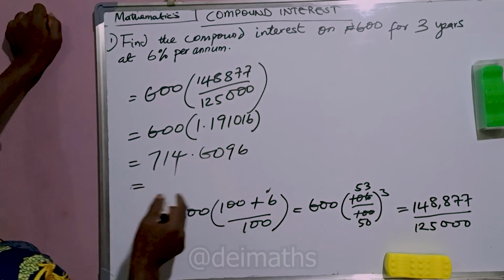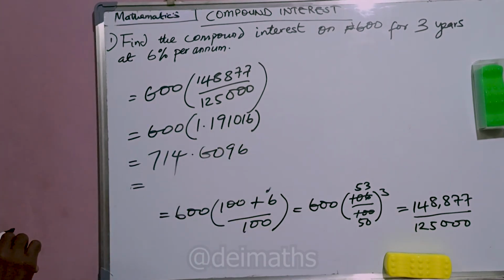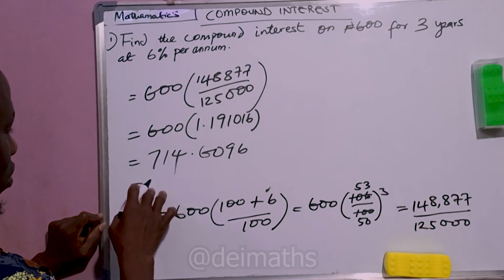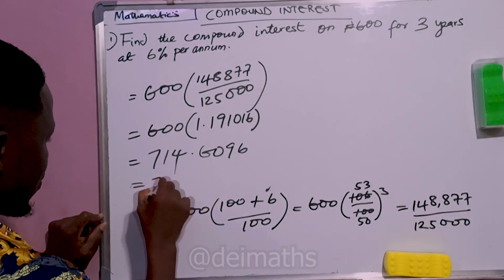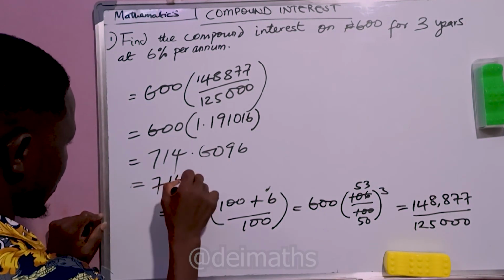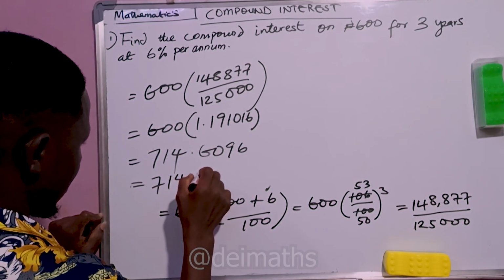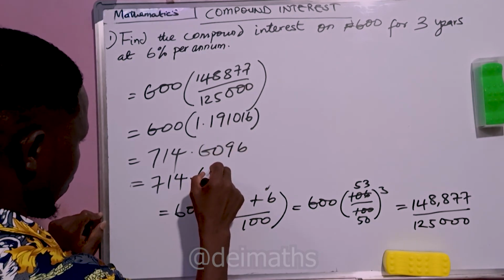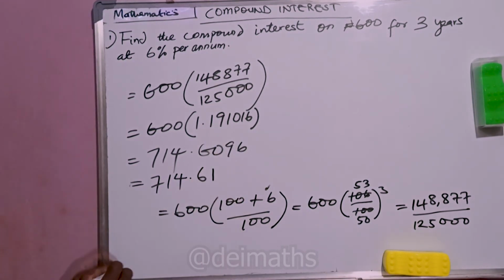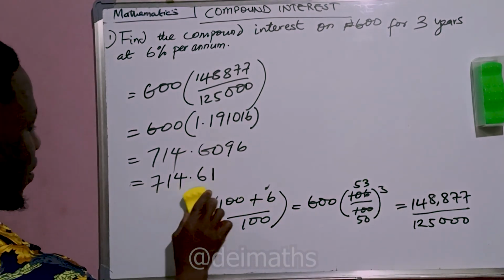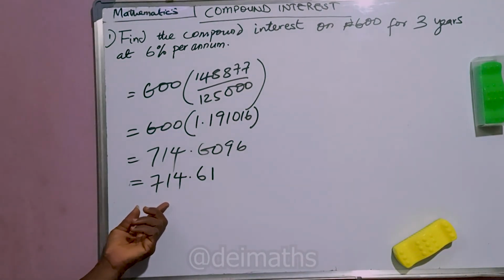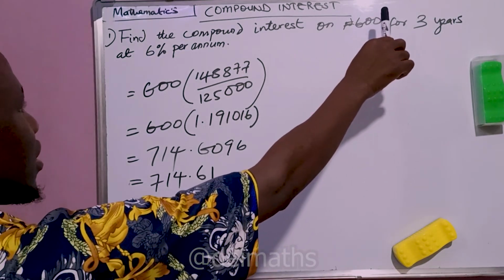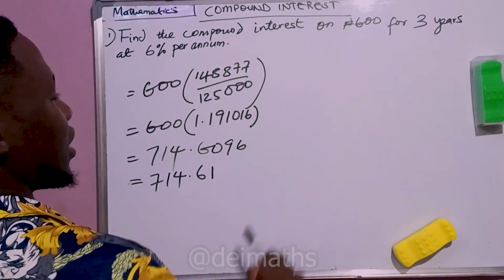So let's bring it to 2 decimal places: 714.61. This becomes our capital. That is the amount we got after the 3 years.